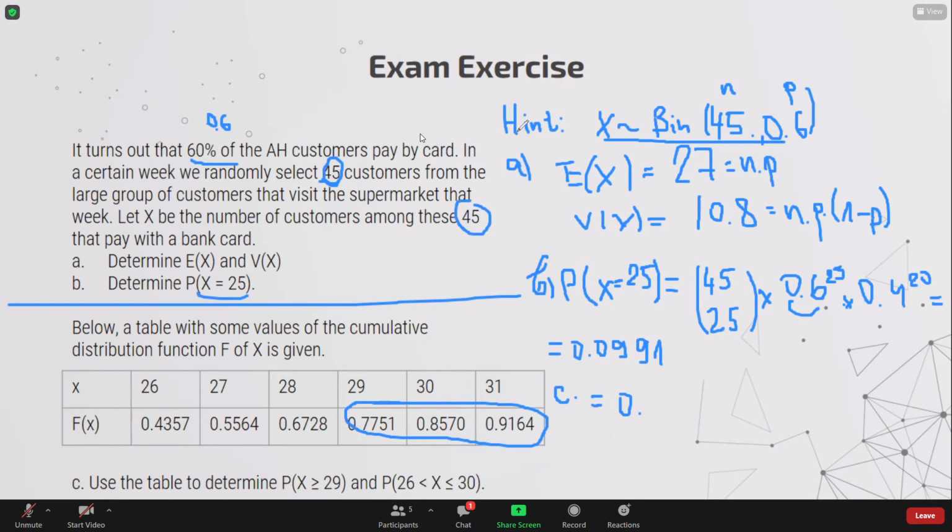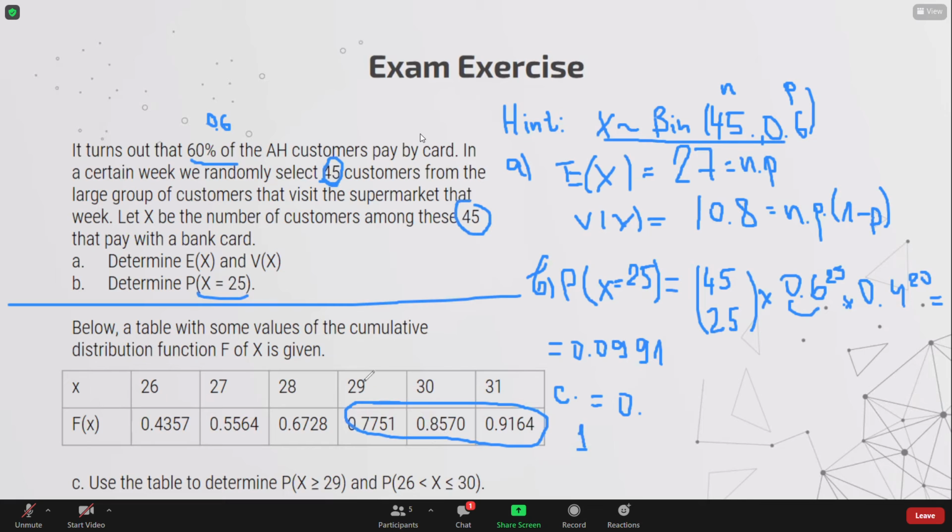I'm sorry, that's not right. Why do you want to sum up all those 3 numbers? Because it was 29 and higher. Yes, that's true. But do you notice that the number is increasing? So in the end, it should be equal to 1. Yeah, it's the cumulative.